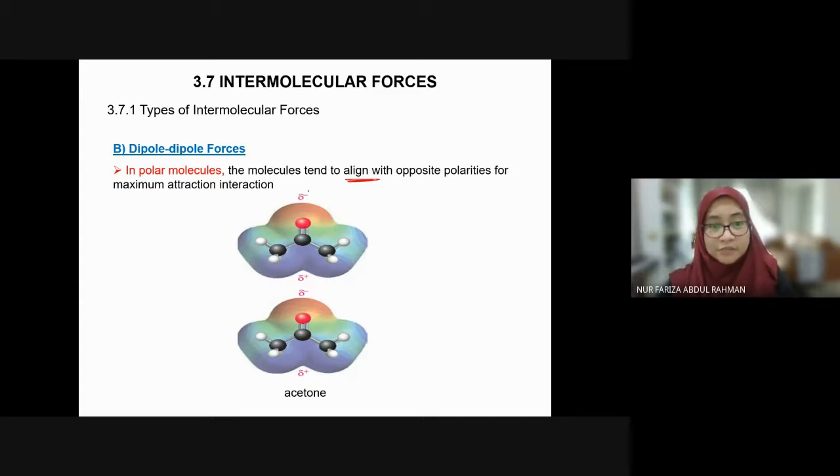For example, this is the negative end. This is by right the positive end. So this second molecule, the incoming molecule that comes closer to this molecule, will align itself so that the positive end will be attracted to the negative end. So this attraction, guys, is what we call dipole forces.